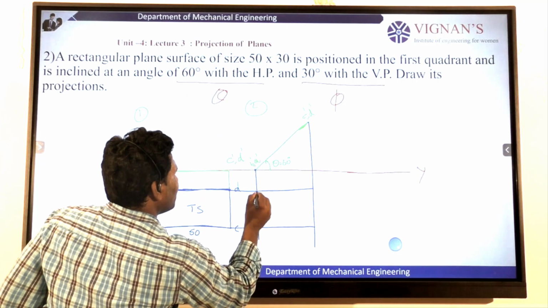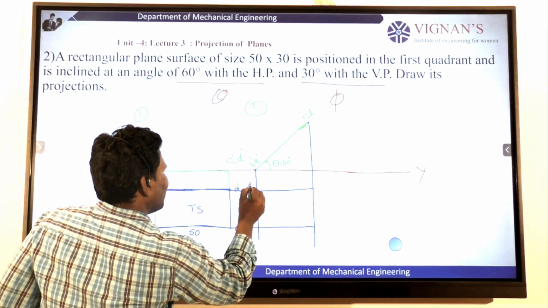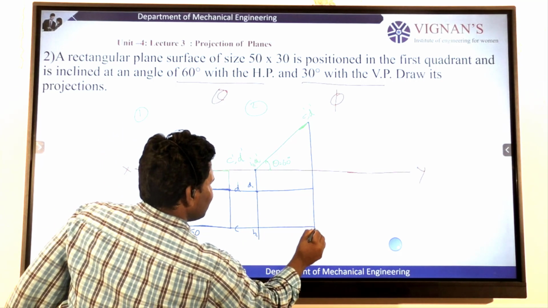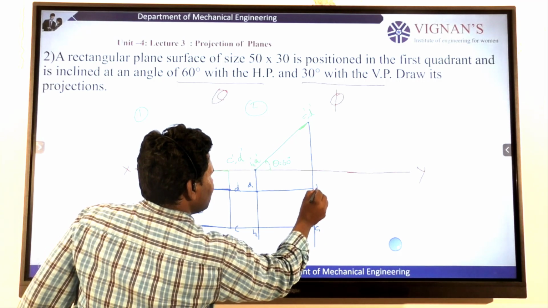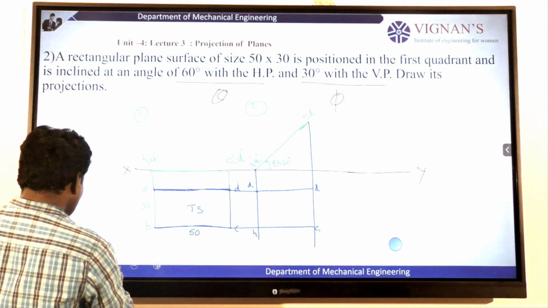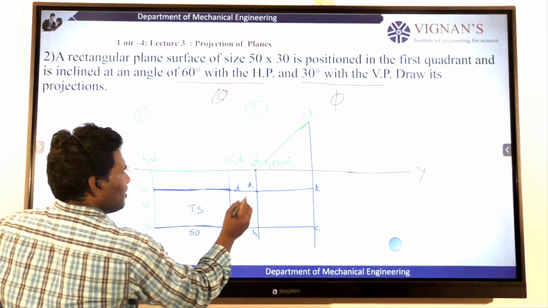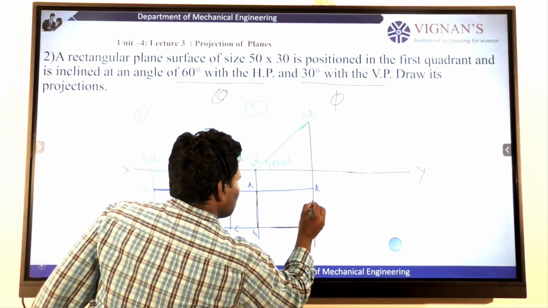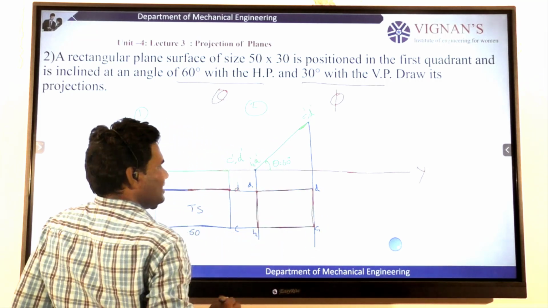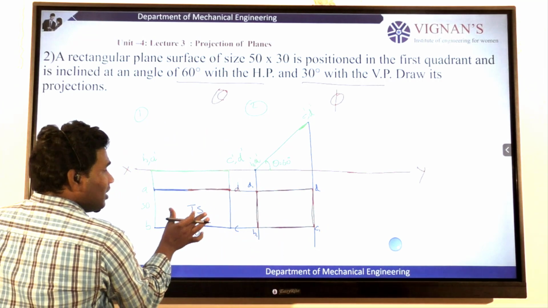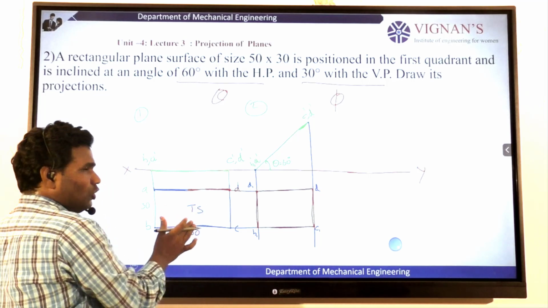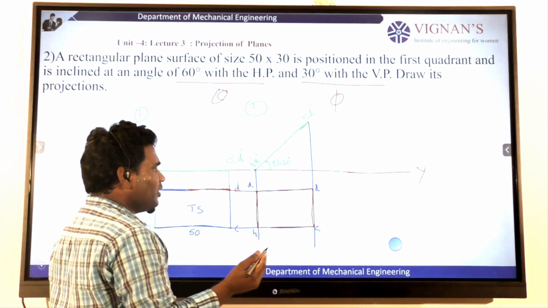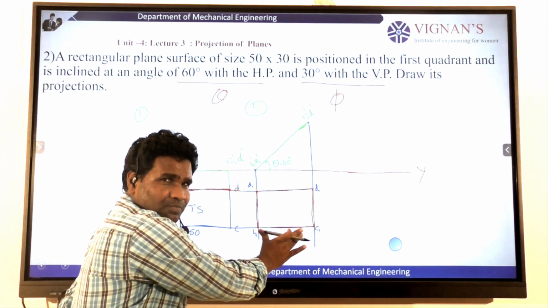The point notations are A1, B1, C1 and D1. Now see, this is the second step top view. But the first step top view has the true shape and size. In the second step top view, what are we observing? This is 50, not 50.